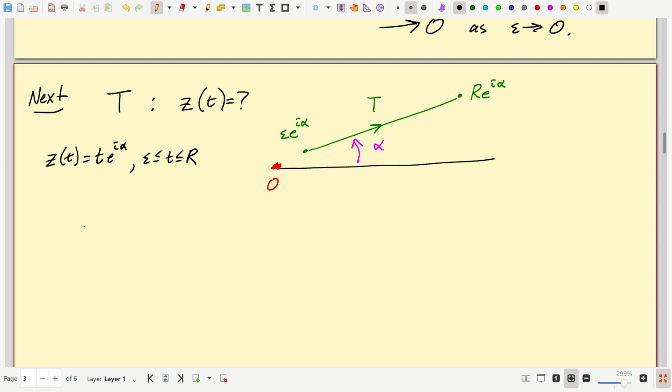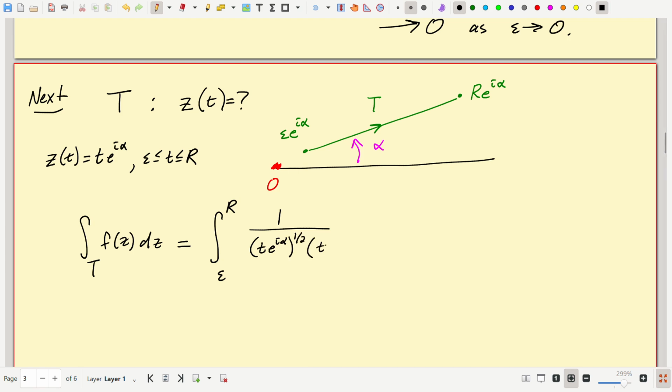Then the integral along t of f of z dz would be the integral as t goes from epsilon to r, and f of z would be, let's see, t e to the I alpha to the 1/2 times t e to the I alpha plus 1.